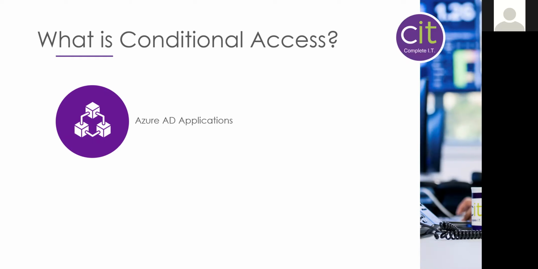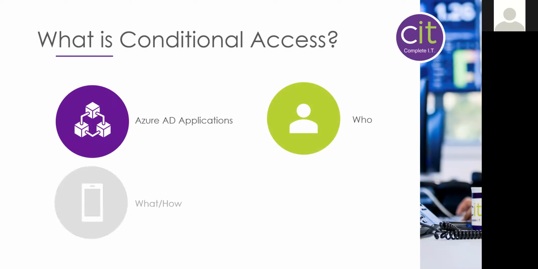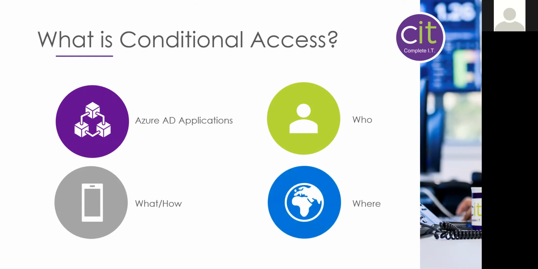For the technically minded of you out there, that's any SAML-based application you can use conditional access with. So it secures access by defining who can access an application, what or how it can access that application, and where from it can access the application.